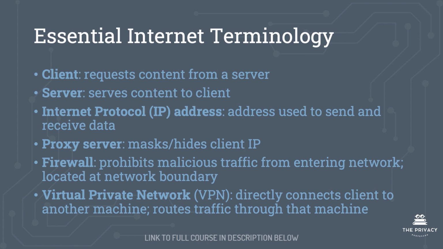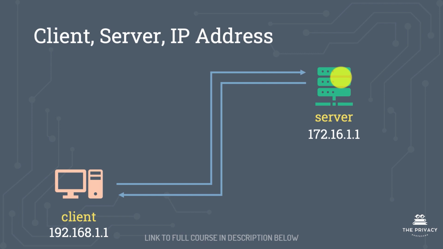And VPN stands for Virtual Private Network. A VPN directly connects a client to another machine, routing traffic through that machine. And so it acts like a filter, and we'll talk about the difference between a proxy server and a VPN in just a moment. As promised, here's the first visual.